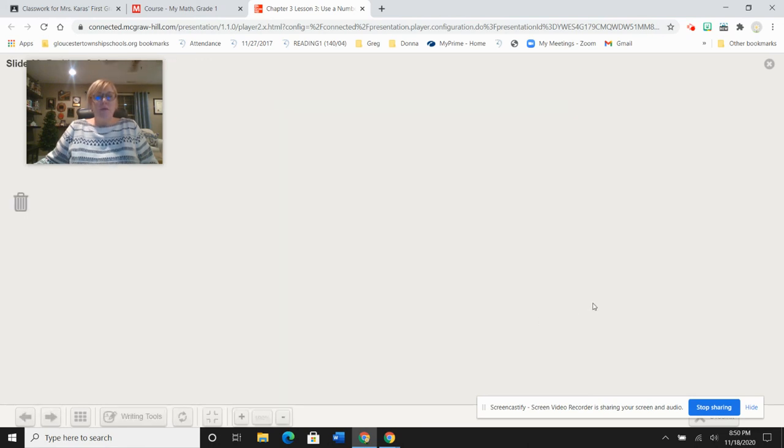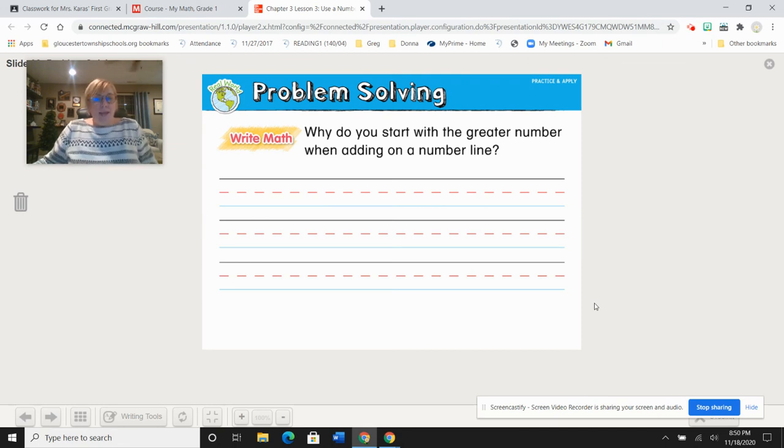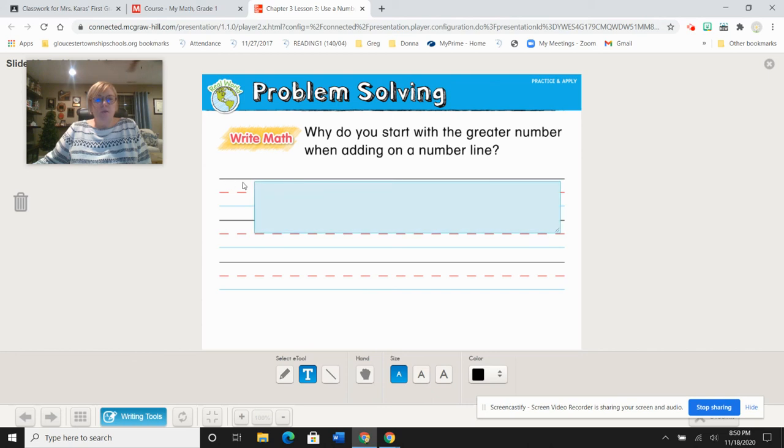All right, here we go for our write math. Why do you start? Let's think. This is a really good discussion one. Why do you start with the greater number when adding on a number line? What do you think? Greater number. That's right, because then there's less to count, right? So we're going to put why we're starting with the greater number.